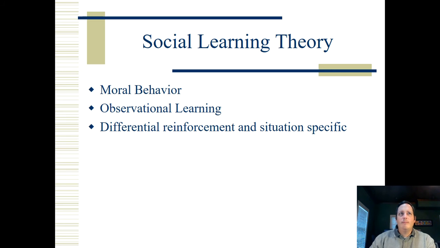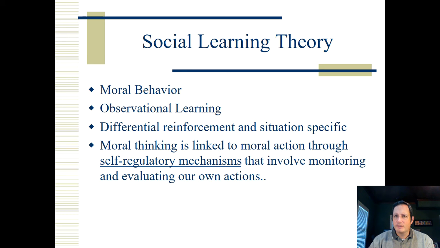So what we see is that moral thinking, moral behavior more specifically, is situation specific, meaning you may do the right thing in a certain situation, and you may do a totally different thing in a different situation. There isn't this overarching reliability between those. It's very situation specific.